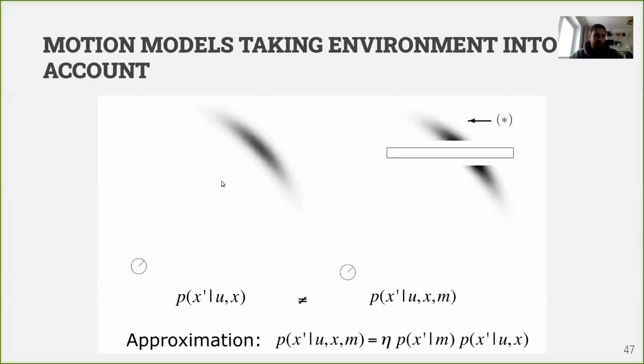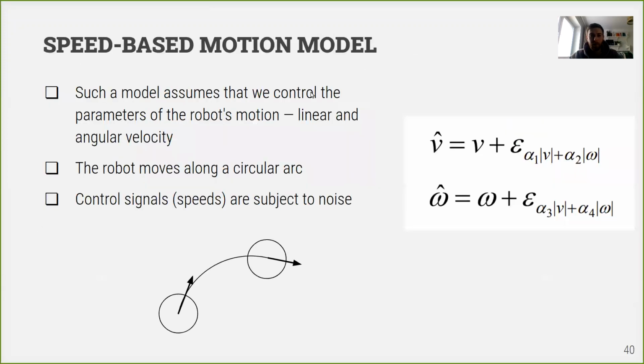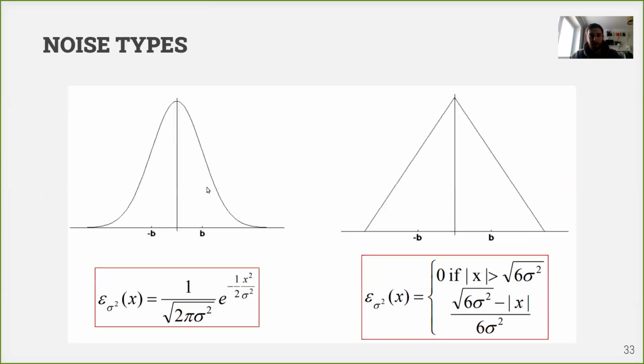The last small notion in this lecture is that there are more complex motion models than we discussed. Obviously, there can be more complex noise probability functions. Not all noises, not all errors are normal or triangular. You can have any complex shape here.